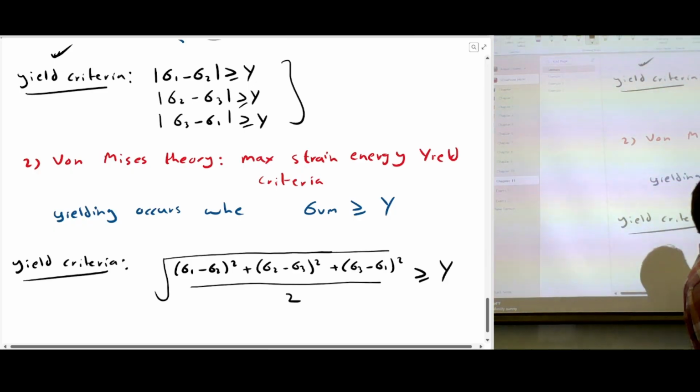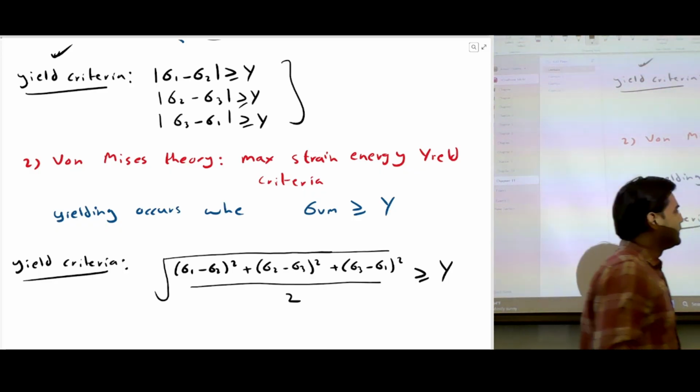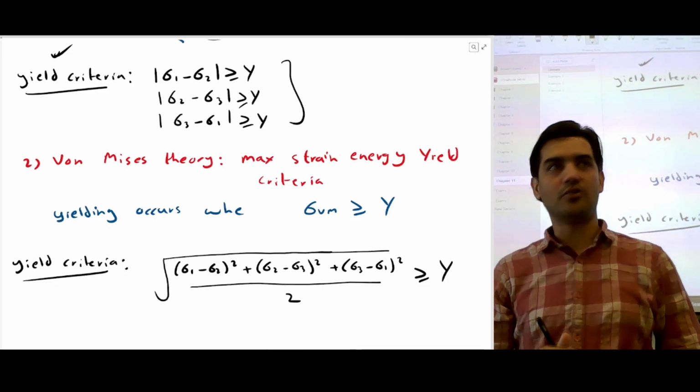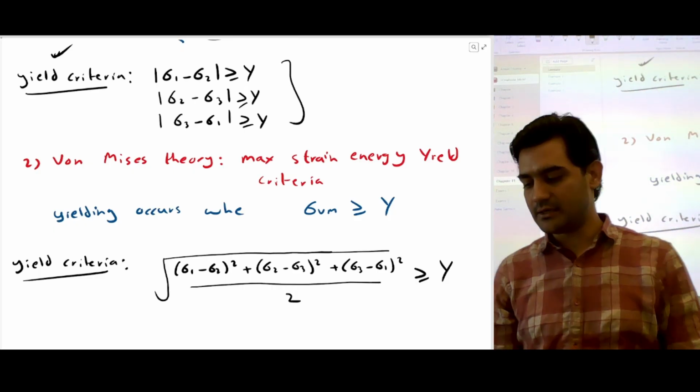So if it's a two-dimensional stress element, stress 3 would be 0, but otherwise this strain energy can be represented with this equation, and we can calculate all these values from the stress element, from Mohr circle, from principal stress equation or transformation equations, and we can compare it with the yielding, and we can figure out if the failure will happen or not. So that's for the ductile materials.